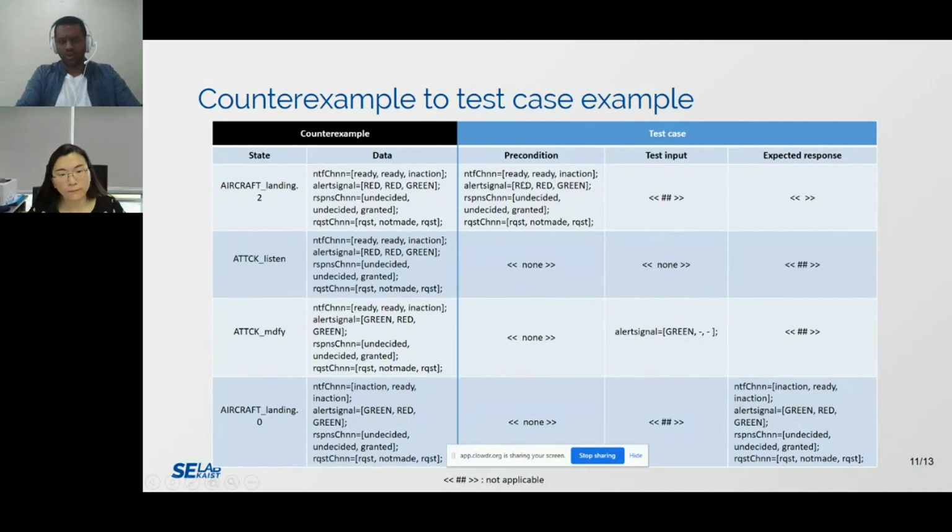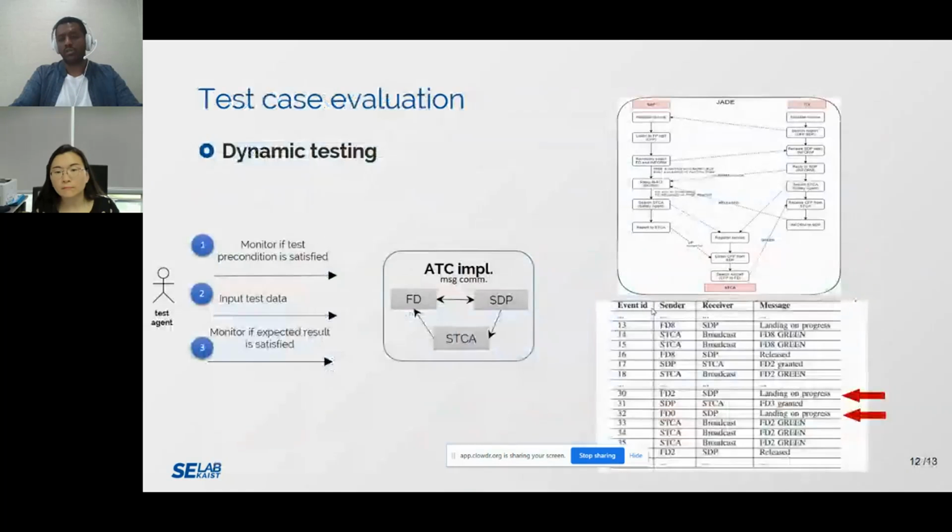Once we know these preconditions, they might be the starting point for hidden vulnerabilities. Then we tried to provide different information based on these preconditions and see if there is a hidden vulnerability of the system.